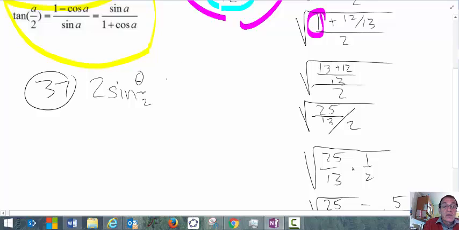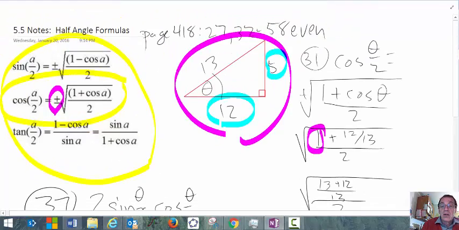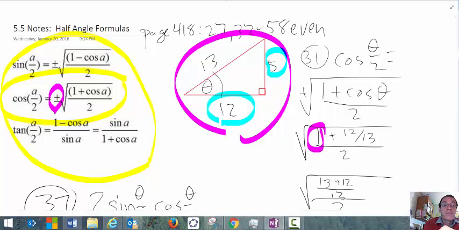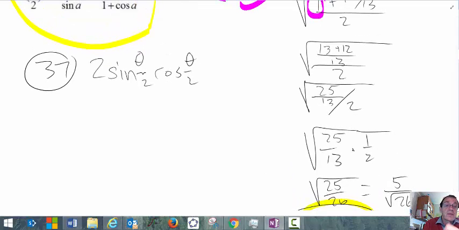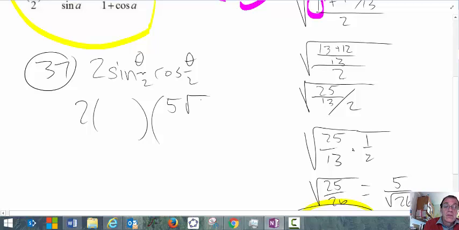In this case, it says 2 times the sine of theta over 2 times the cosine of theta over 2. Well, I just calculated what the cosine of theta over 2 is. It's 5 root 26 over 26. So you're going to get 2 times whatever the sine of theta over 2 is, times 5 root 26 over 26.